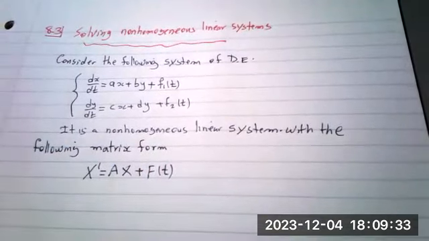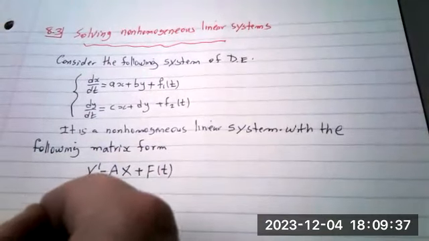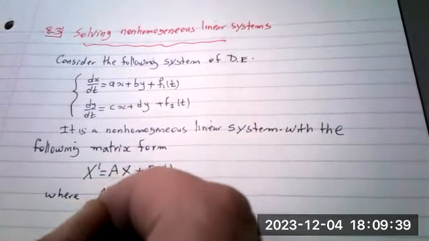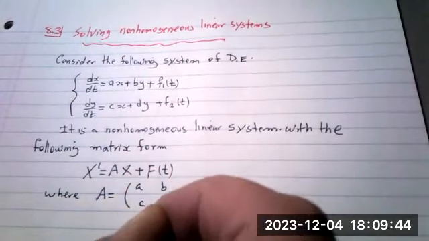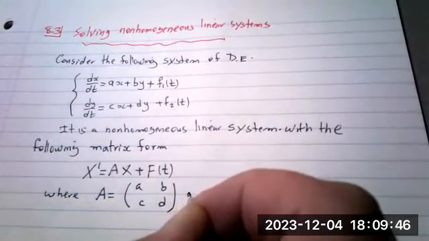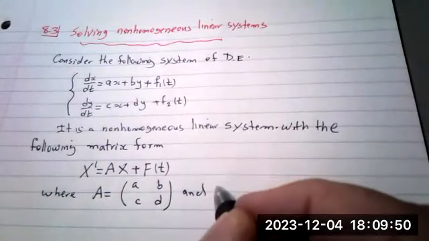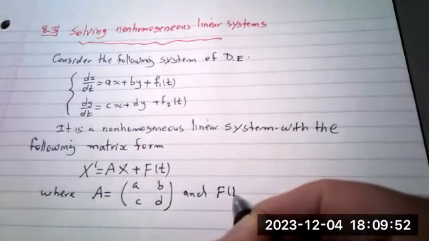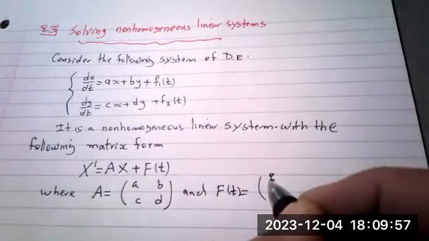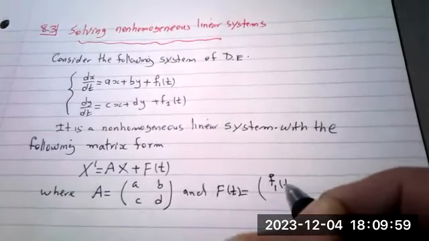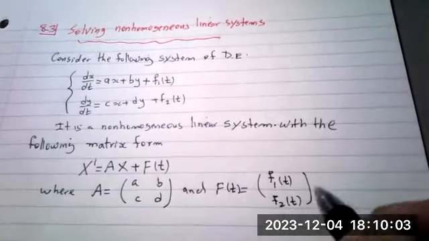A, as usual, is the matrix of coefficients a, b, c, d, and that extra part is a matrix of functions. The first component is f1 of t, and the second is f2 of t.